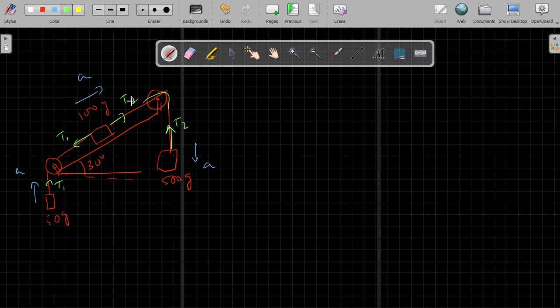So now let us write the equations. For the 50 gram mass, we will write T1, that is the upward force, minus 50 gram into g, that is m1g, is equal to m1, or 50 gram mass, into acceleration.